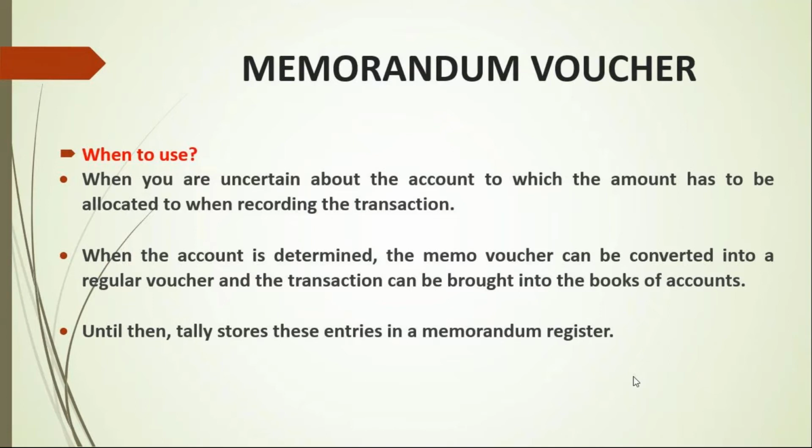When the account is determined, the memo voucher can be converted into a regular voucher and the transaction can be brought into the books of accounts. Until then, Tally stores these entries in a memorandum register. So, what is the first entry? When you are uncertain about the account to which the amount has to be allocated when recording the transaction.